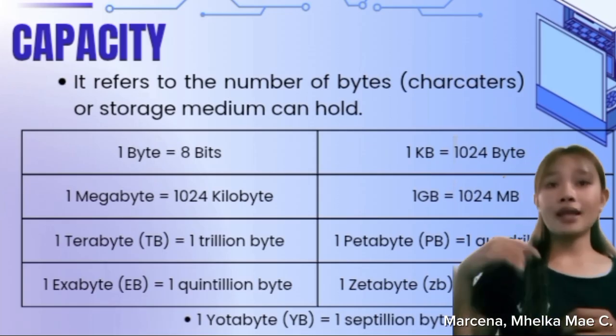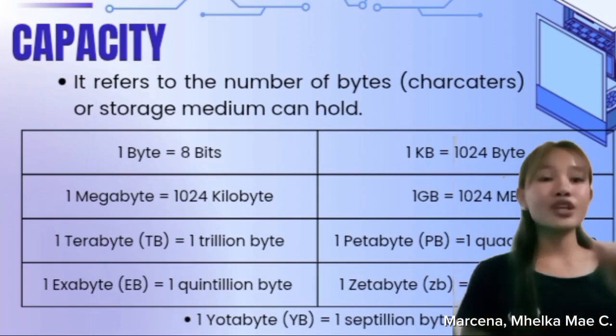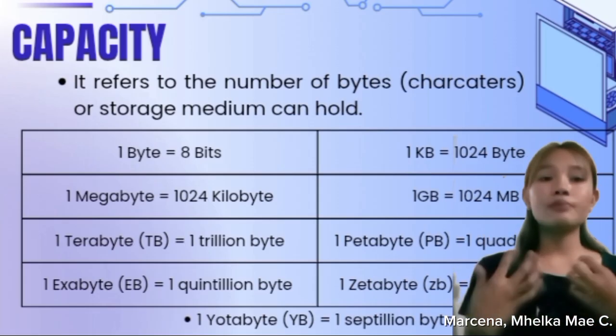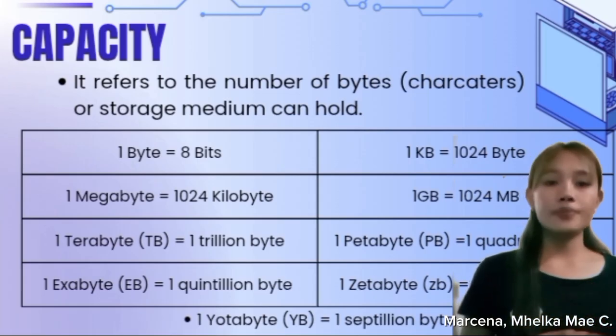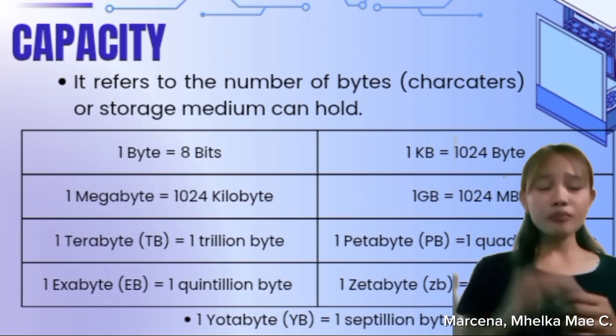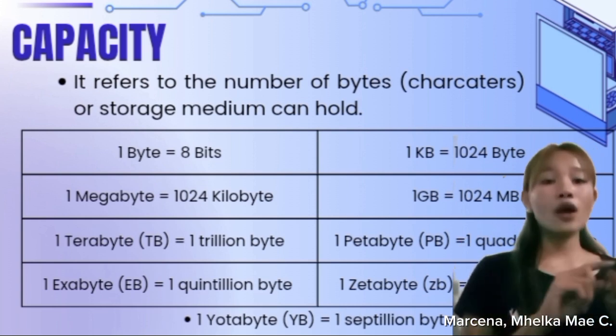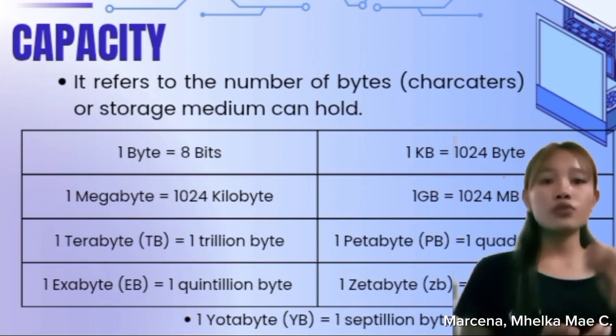And we have petabyte. 1 petabyte equals 1 quadrillion bytes, equals 1024 terabytes. It is used in big data storage, cloud servers, and large-scale backups. And we have exabyte. 1 exabyte equals 1 quintillion bytes, equivalent to 1024 petabytes.